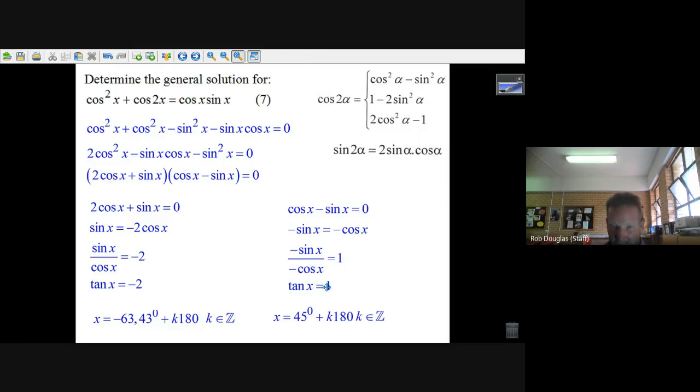Shift tan of 1 is 45 degrees, and it repeats every 180 degrees. So that's a special trick here. When you have sine and cos on both sides, you can divide by cos to create tan x, and then you can find the general solution. It comes up quite a bit, but I'll just leave it there.